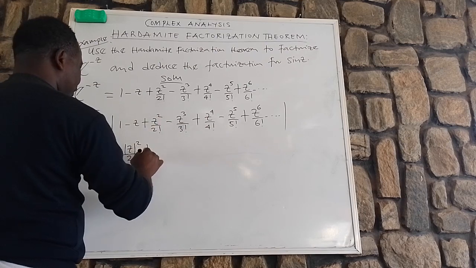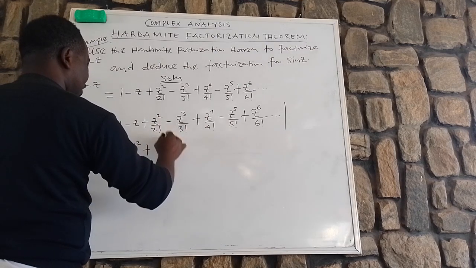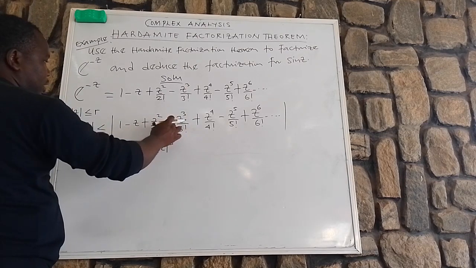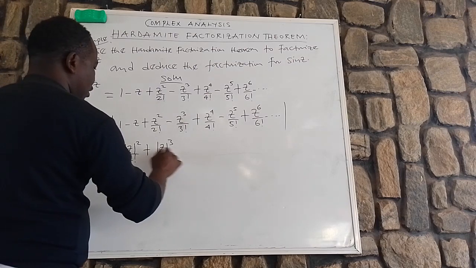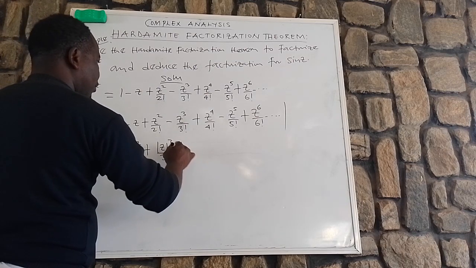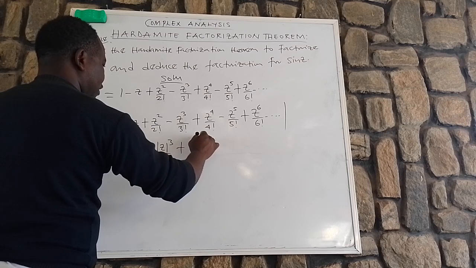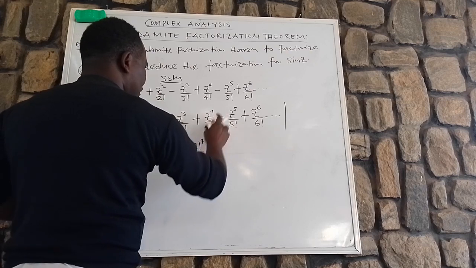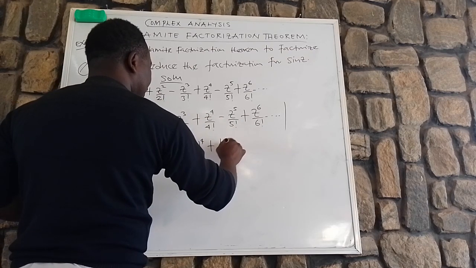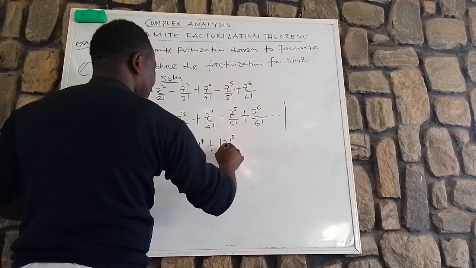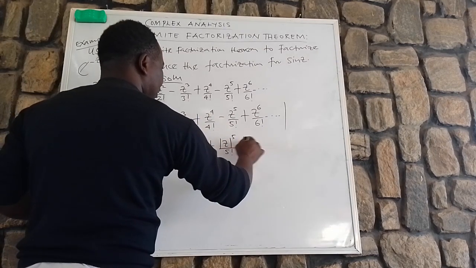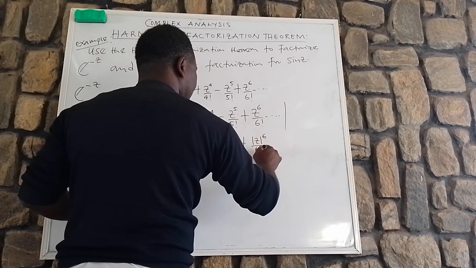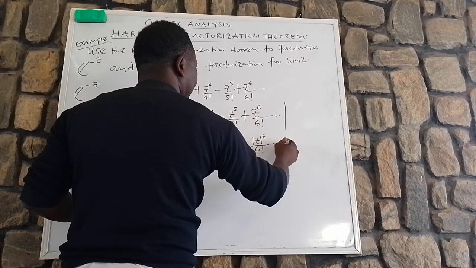The same thing is applicable to z raised to power 3; because we are taking the mode, this will now be positive, all over 3 factorial, plus mode of z raised to power 4 all over 4 factorial. The same thing applies here: this minus will now turn to plus mode z raised to power 5 all over 5 factorial plus mode z raised to power 6 all over 6 factorial, and so on.